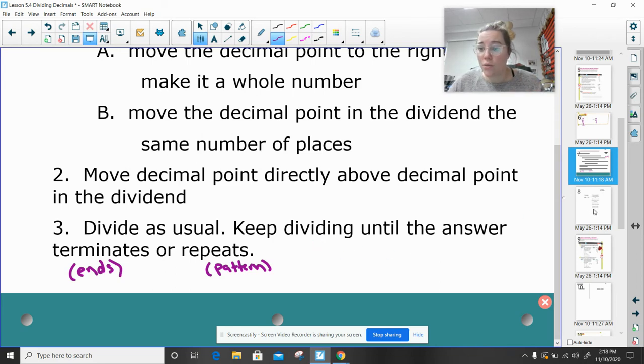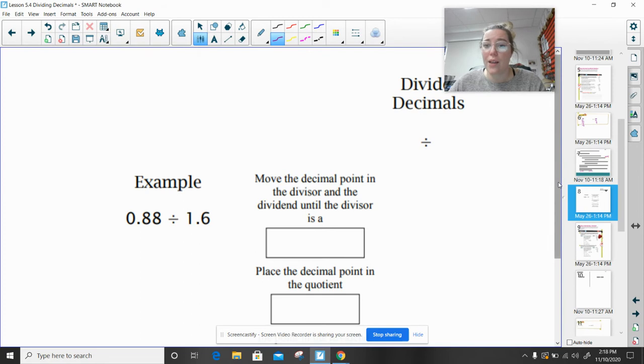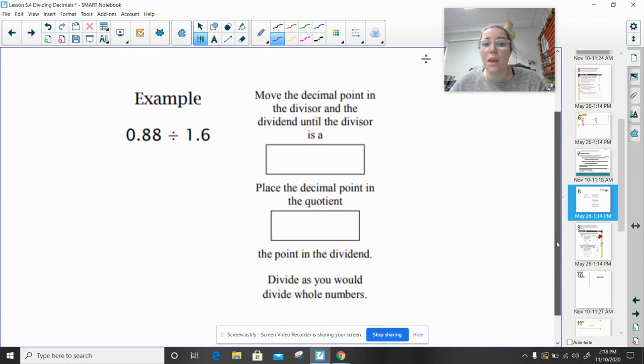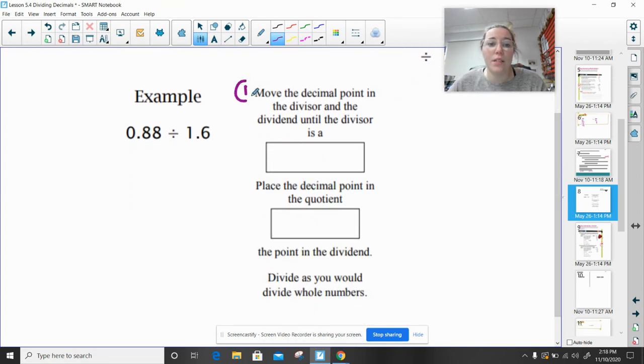So in your foldable now, we're going to fill out that dividing decimals chunk. The first thing that we're going to do is move the decimal point in the divisor and the dividend until the divisor is a whole number. So first I have to say that 0.88 goes in the house and 1.6 goes outside. Dividend inside, divisor outside.